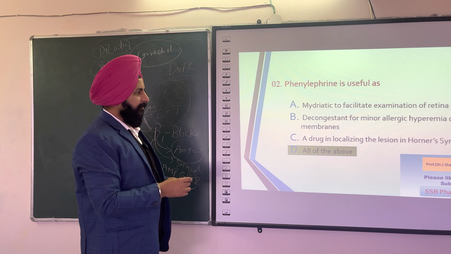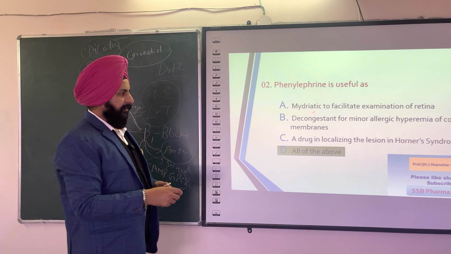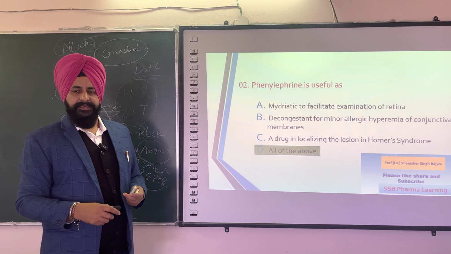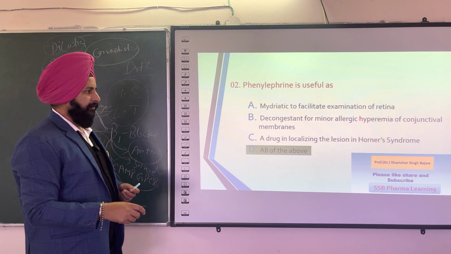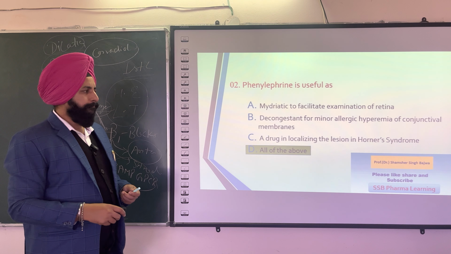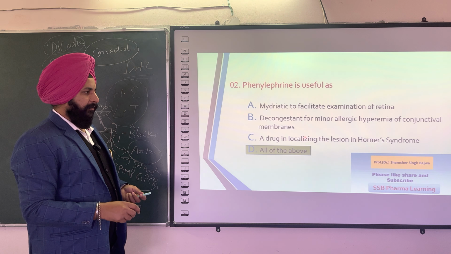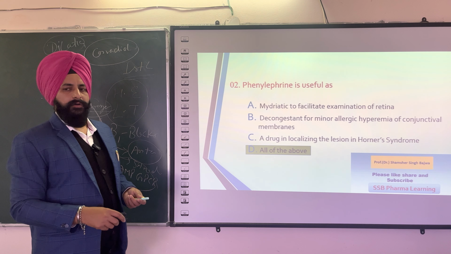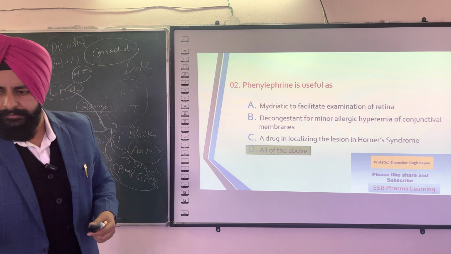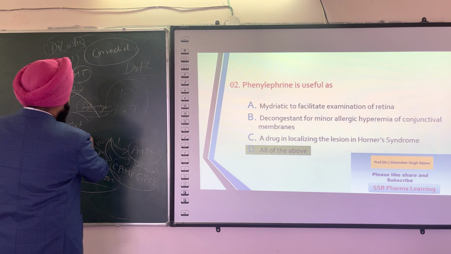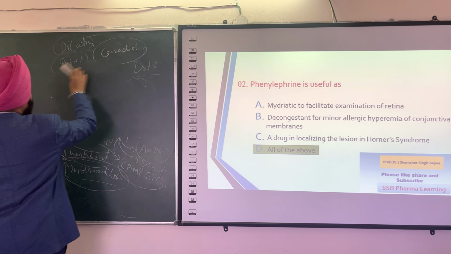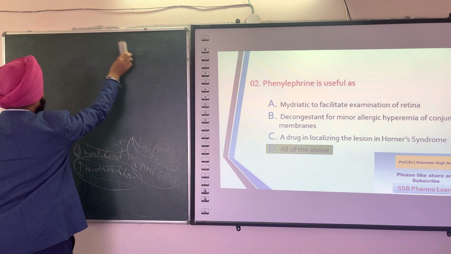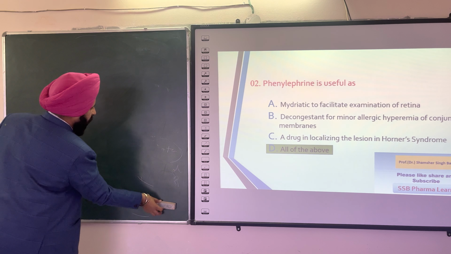The second thing, it acts as a decongestant because it relaxes the muscles of this area. It is a drug localizing the lesions in Horner syndrome. I will tell you what Horner syndrome is. They can ask you a question about what the drug of choice is for Horner syndrome.